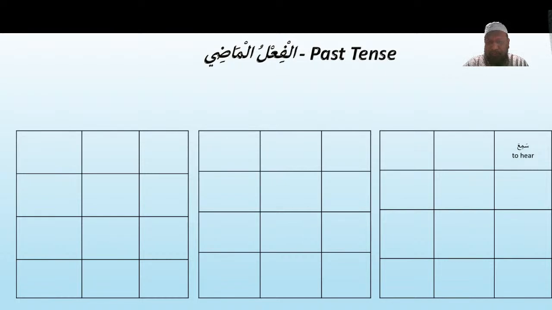Samia means to hear. So that means in this slide we have another 3 boxes, another 3 groups. So in fi'l, if we can remember these 6 groups, it will help us later on to figure out all the harakat on each letter.